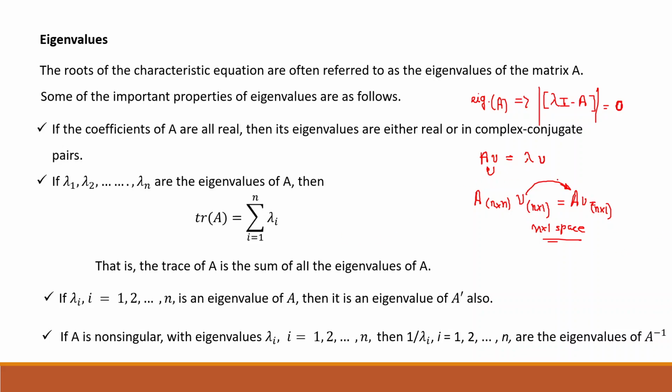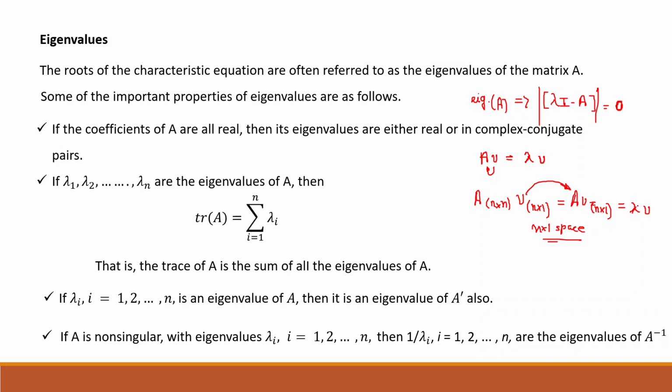So what the eigenvalue states is that, since it's a mapping in the same space, the resultant vector is nothing but a constant multiplied with that same vector.